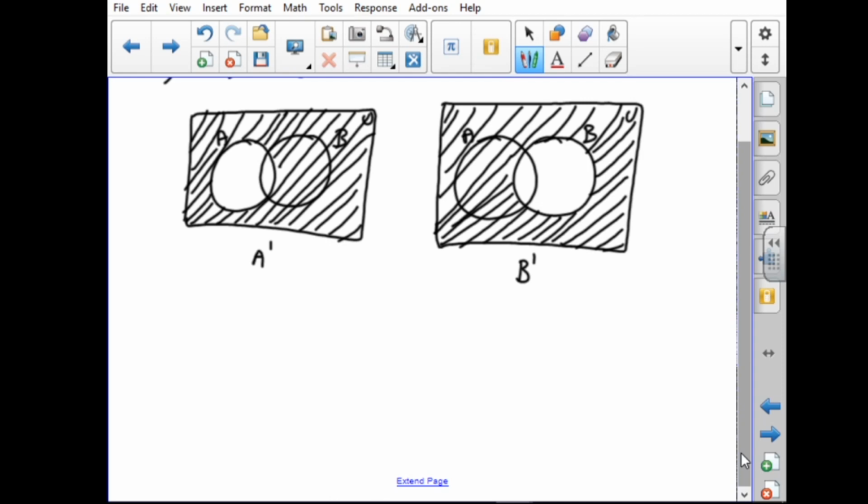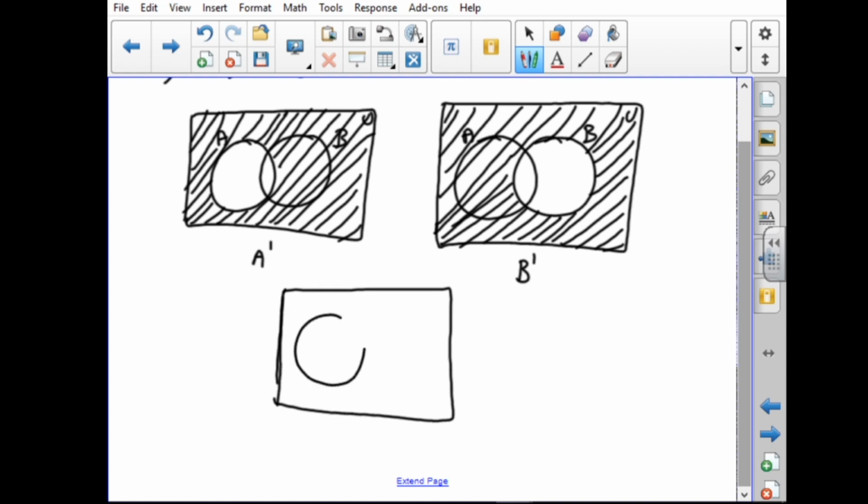Then the union part for A dash and B dash, union means join together. This is A and B. For both sets, what parts are unshaded? Here the A circle is fully not shaded, and here the B circle is fully unshaded.